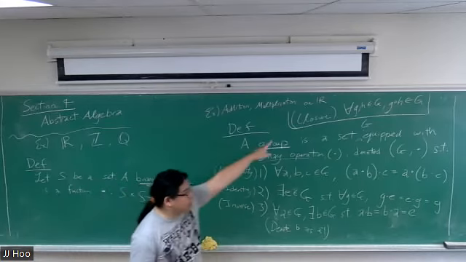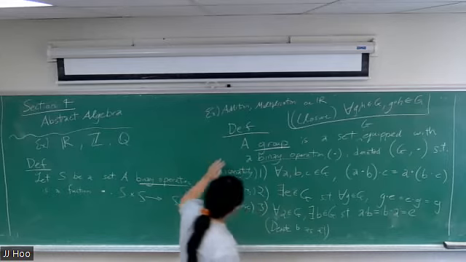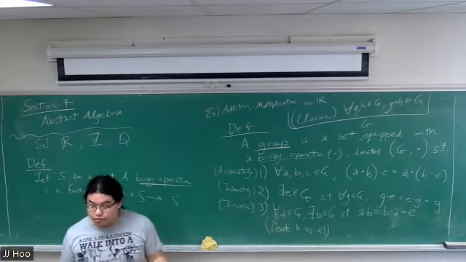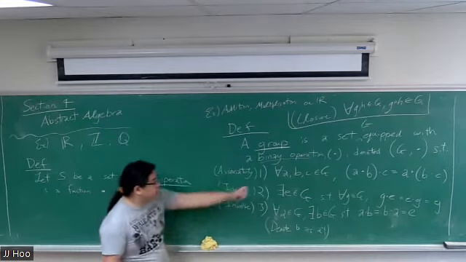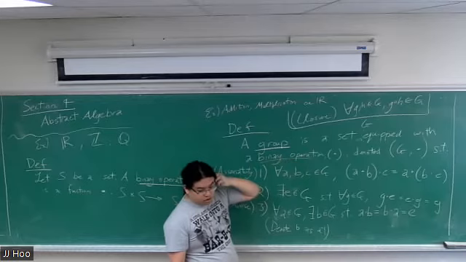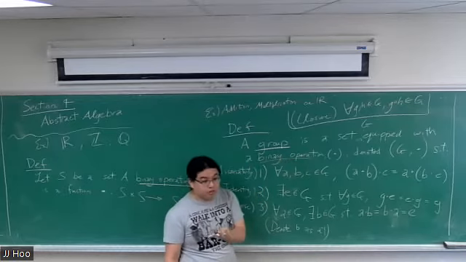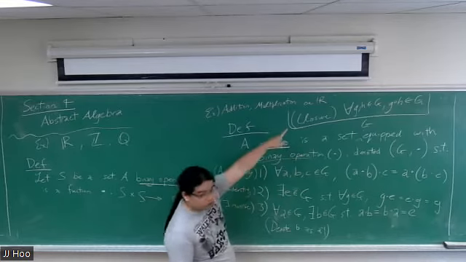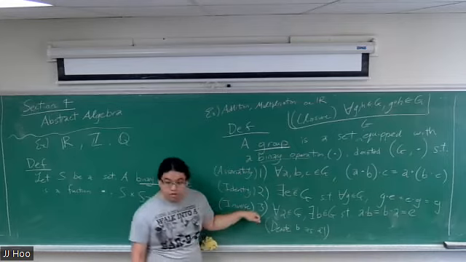So some of you might have seen closure as a definition. You can think about that as a group having four properties, and they do, it's just inside here. So if I ask you to check if something's a group, you can think about it as checking four things: associativity, closure, identity, and inverse.